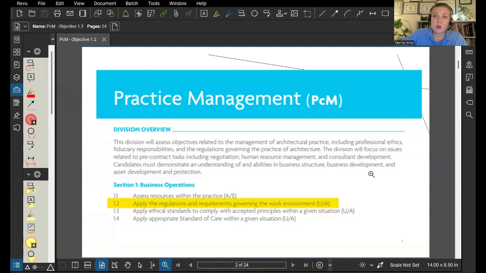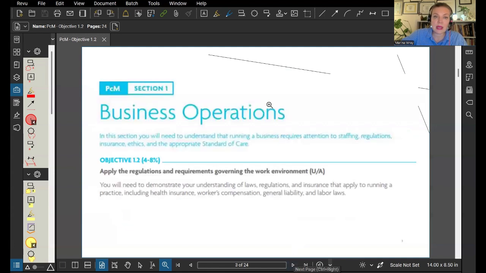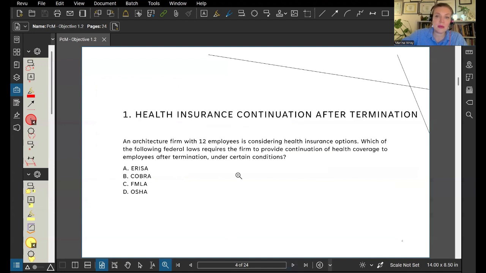So Objective 1.2 actually talks about the regulations and requirements governing the work environment. Here you will need to demonstrate your understanding of laws, regulations, and insurance that will apply to running a practice, including health insurance, workers' compensation, general liability insurance, and labor laws.